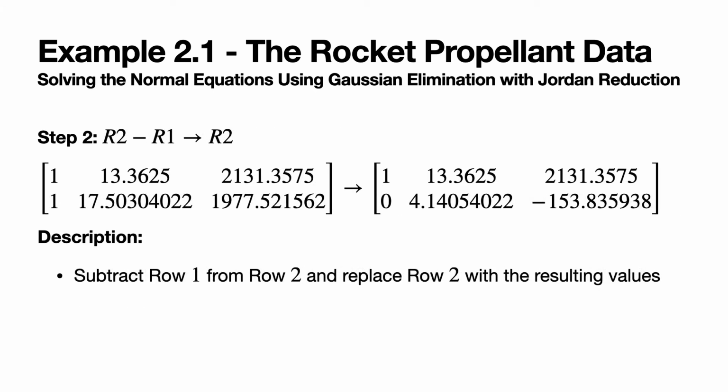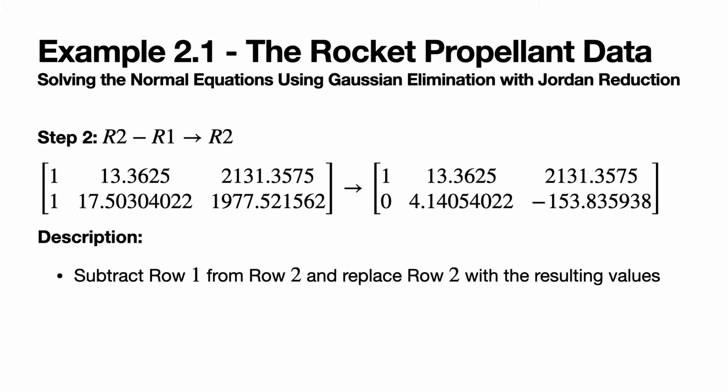Now the second step says to subtract row 1 from row 2 and replace row 2 with the resulting values. And so if we subtract the 1 in row 1 from the 1 in row 2, we get 0.